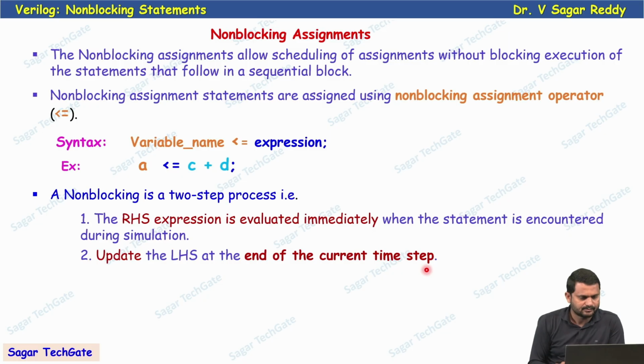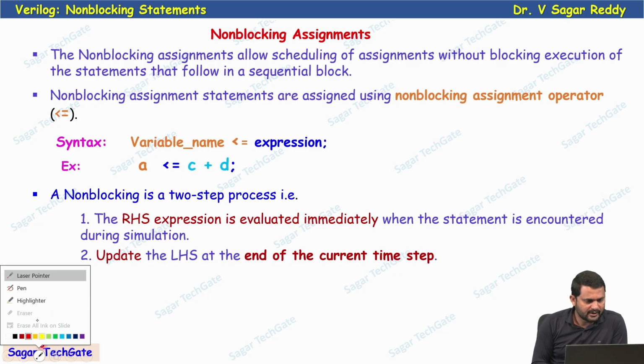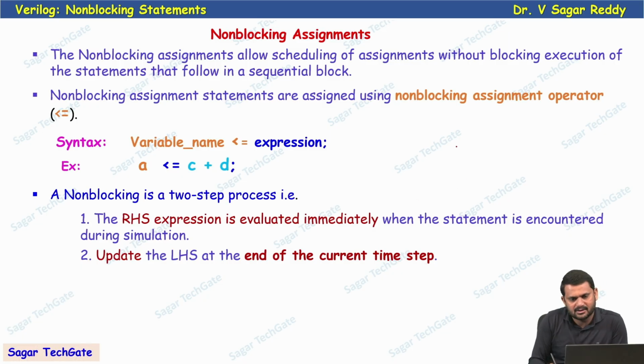For example, most of the time we write `timescale. If you type `timescale 1 nanosecond / 1 picosecond, what is this nanosecond? This is called the time step. So this update happens at the end of this time step.